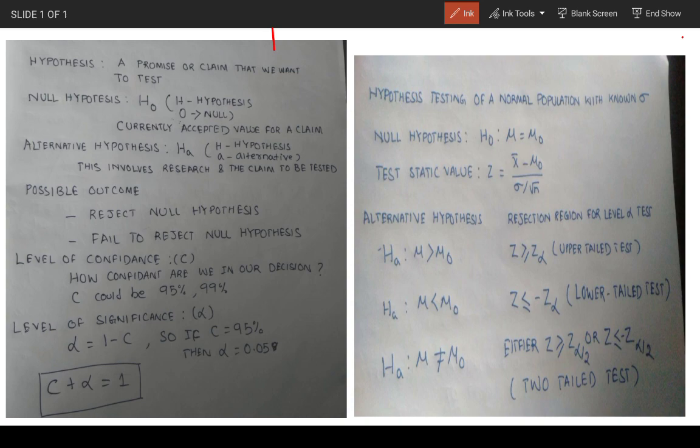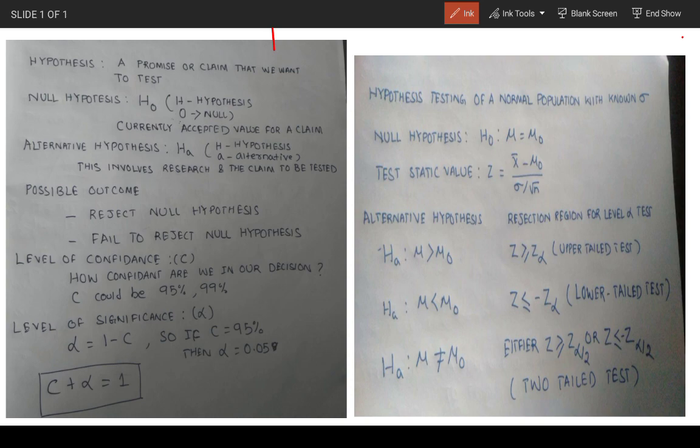When I say that my car is giving 18 kilometers per liter, I am 95% confident that even if we do any number of tests, 95% of the time it will come around 18. So that is my confidence level. When you are 95% confident, there is still a chance of failure. That is called the level of significance.